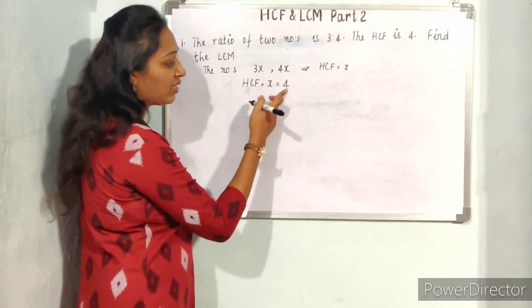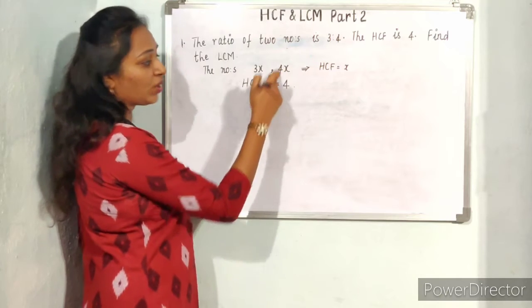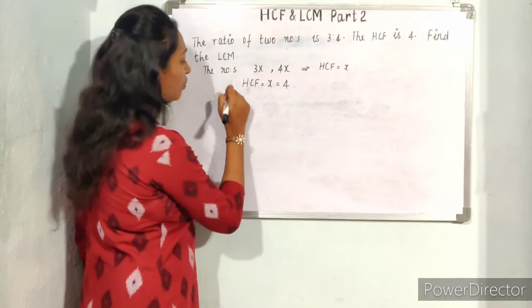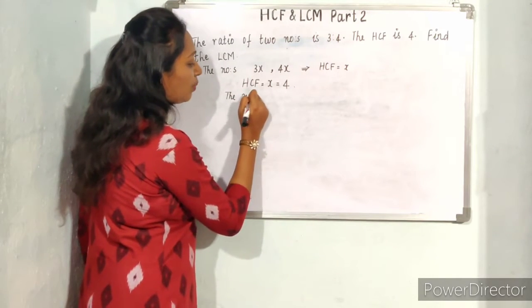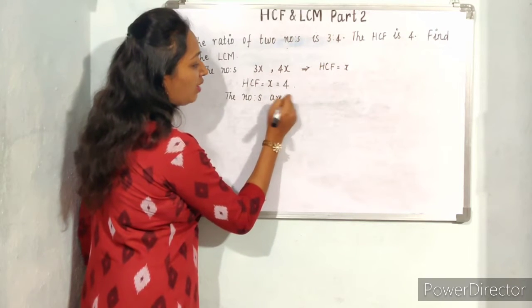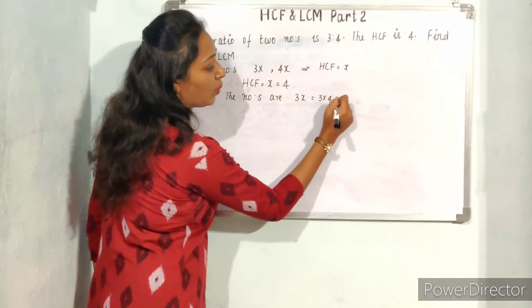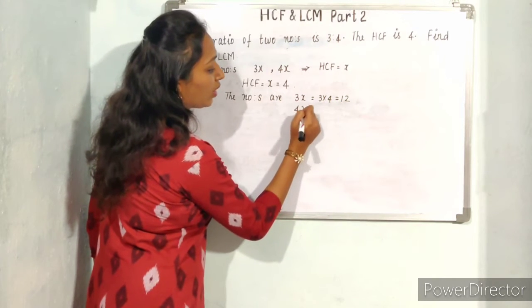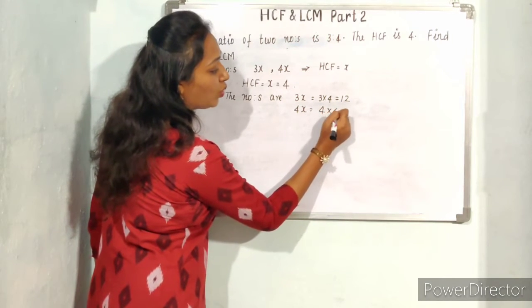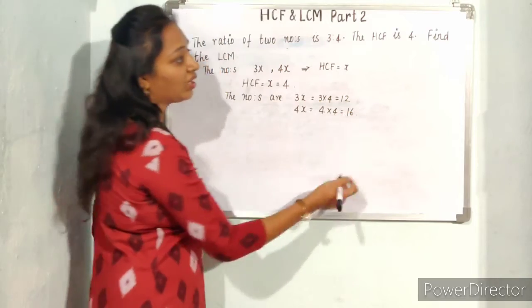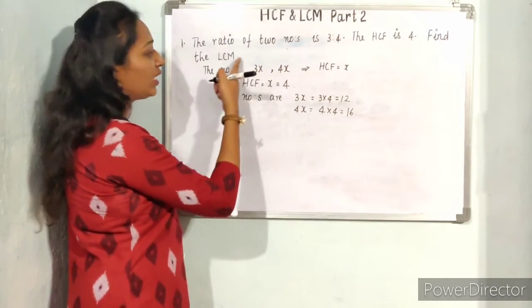When x is equal to 4, you can substitute here and find the two numbers. 3x becomes 3 into 4, which is equal to 12, and 4x becomes 4 into 4, which is equal to 16. Now, what have they asked you to find? The LCM.